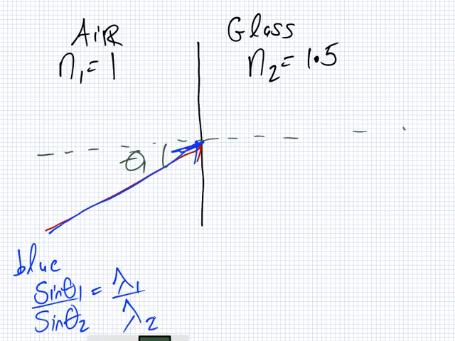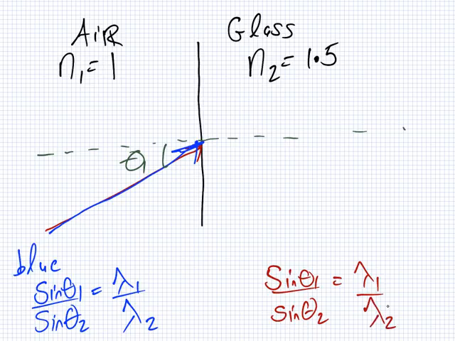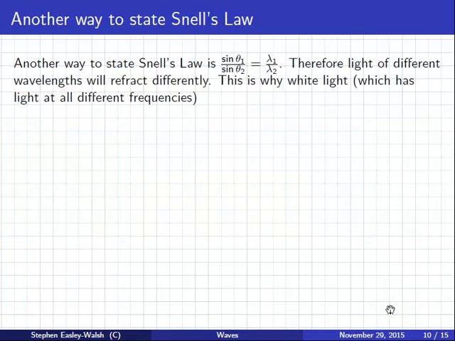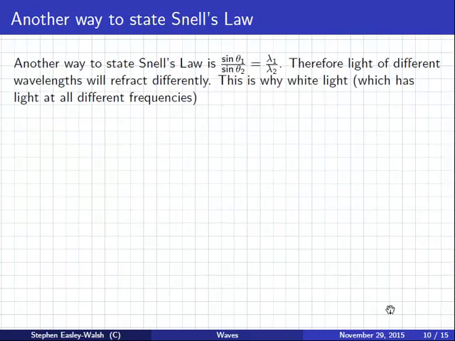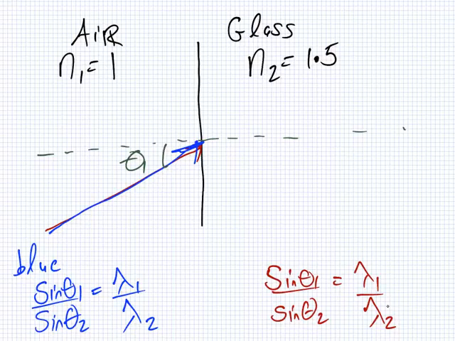And then with the red light it's the same. Now they will separate. Sine theta 1 over sine theta 2 equals lambda 1 over lambda 2. Okay, now actually, is there another formula I want to give you? Because I don't know if this is the one. Yeah, this will make a difference.